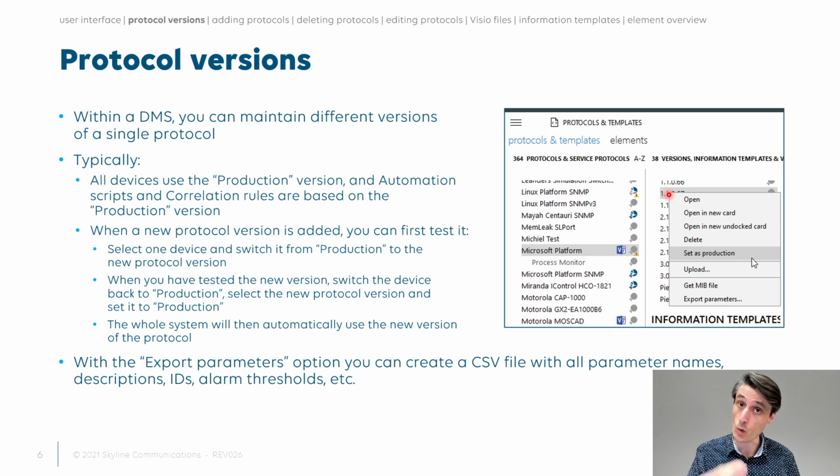Now, I can take one specific device or element in my system. I can edit this element and just say, okay, use the new version, version 2, let's say. And I can play around with it and see if the new information is in there now, maybe some additional information or data is being retrieved from the data source.